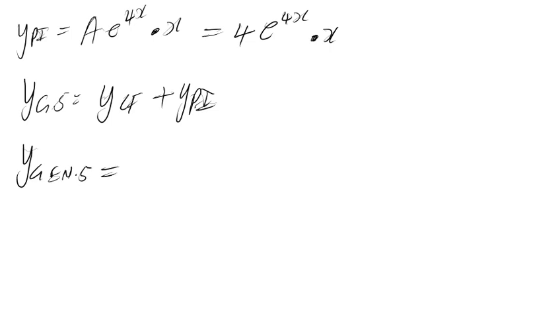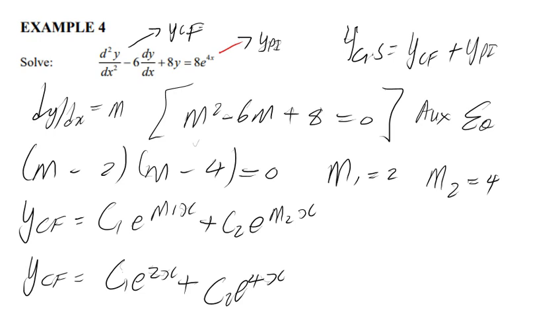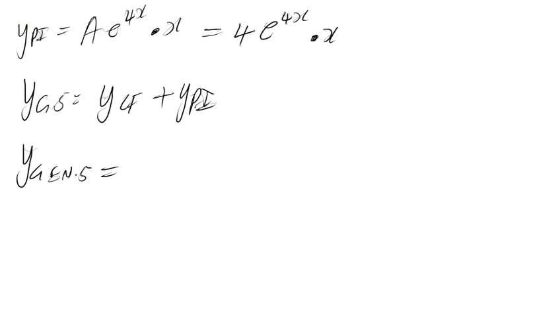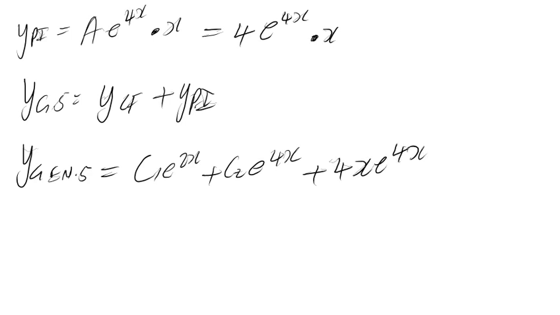Go back to your YCF, so it's 2 and 4: C1e^2x plus C2e^4x plus YPI, which is 4xe^4x.